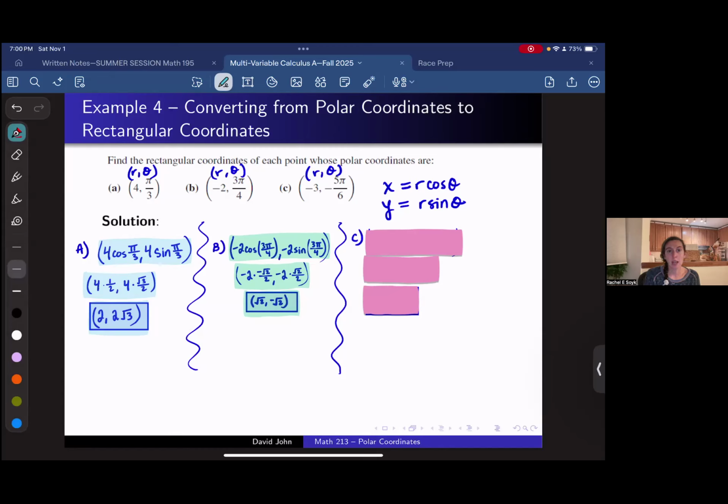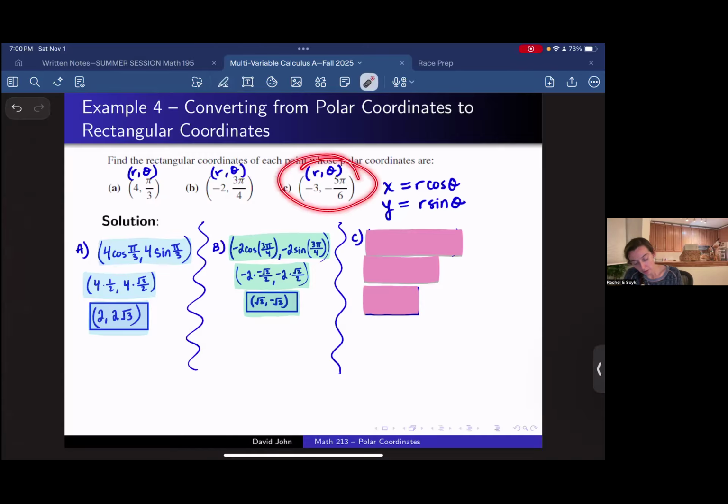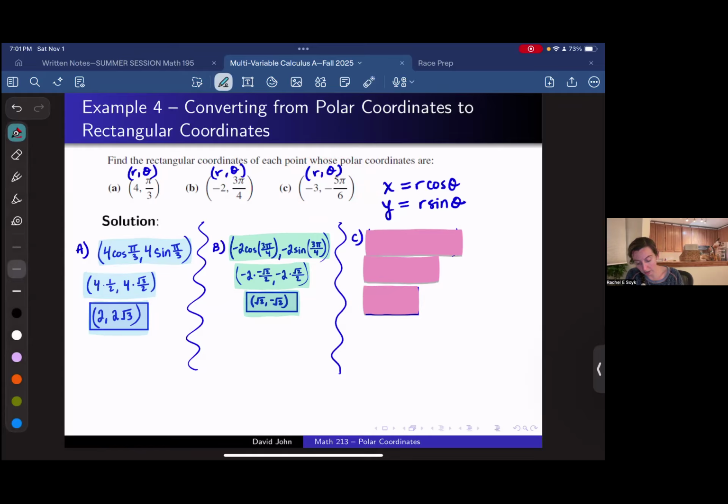Great. And then part C, we have our rectangular coordinate point set up as -3 cosine of -5 pi over 6, comma, -3 sine of -5 pi over 6, which the reference angle for that is pi over 6. And -5 pi over 6 ends up in the third quadrant.